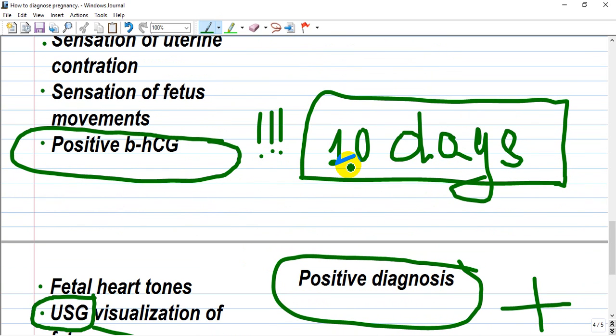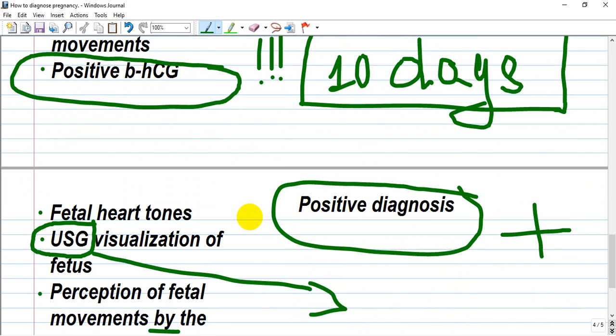It will be certain, like 10 days after unprotected sex and a possible pregnancy.